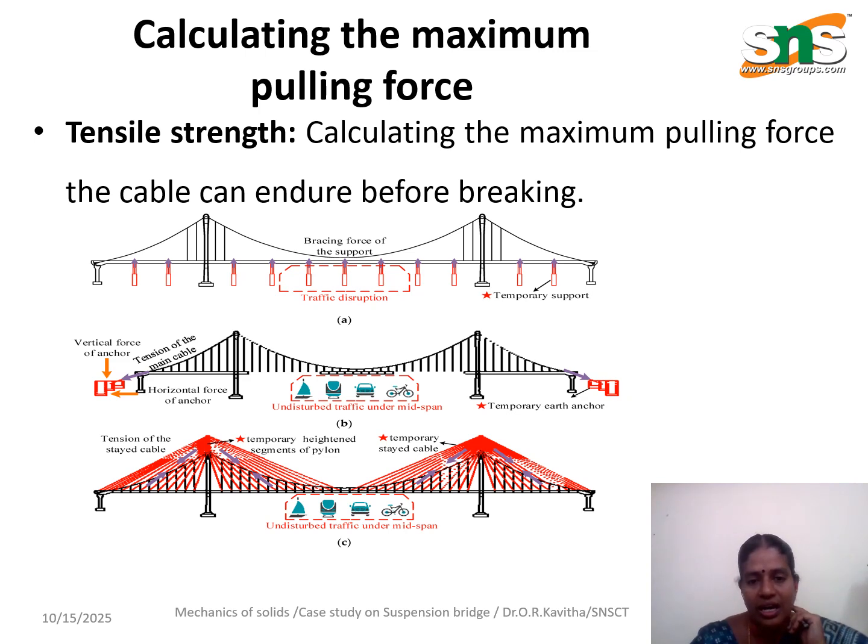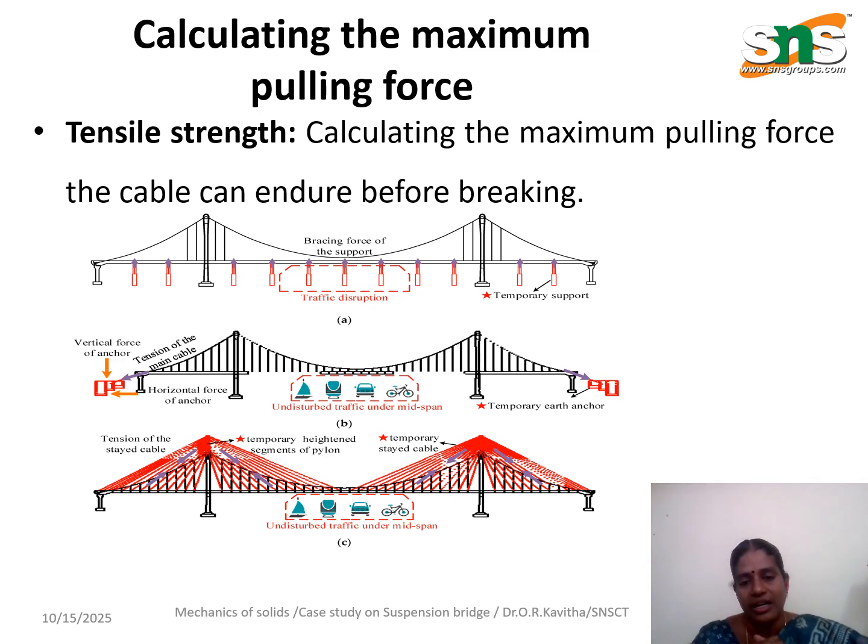Here we have to calculate the traffic also, because it will create some forces on the deck slab and also on the cables. So the calculation of the live load, which is nothing but the moving load due to traffic, is very important.